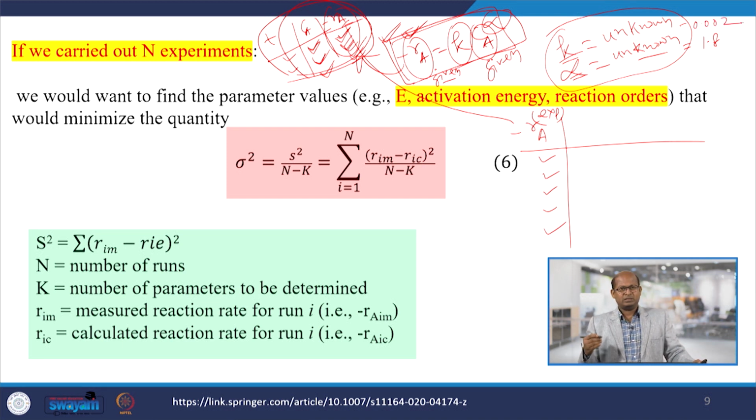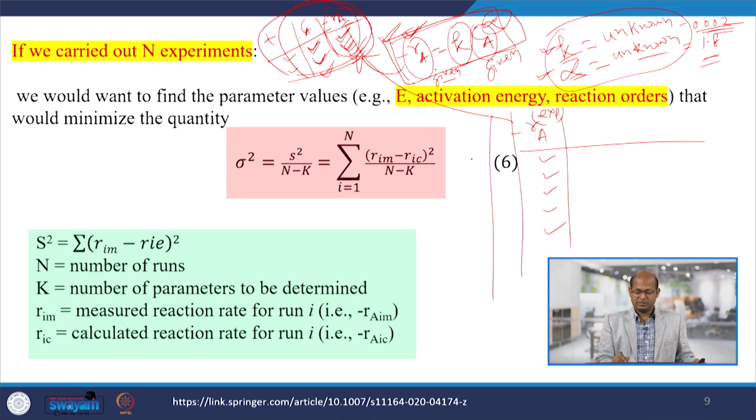This is just a guess value, that may not be true, but we are guessing that the order may be 1.8 and the reaction rate constant may be this. So, these two are now known.